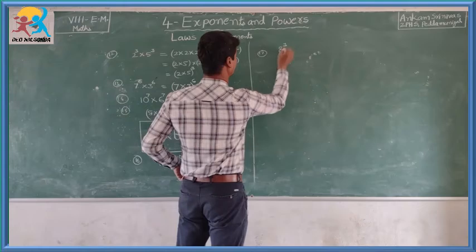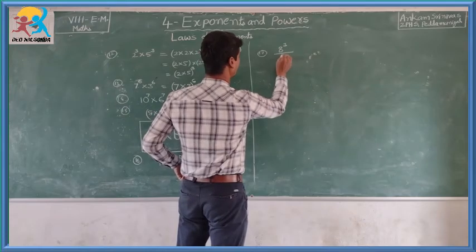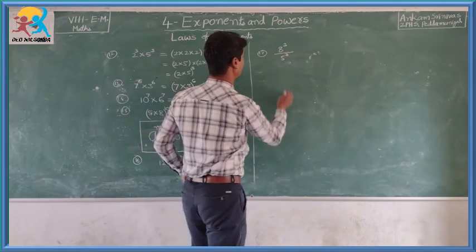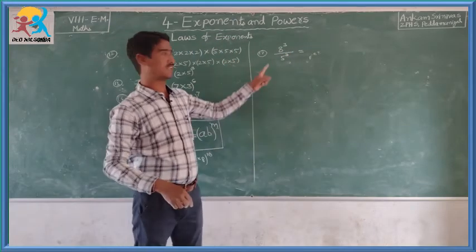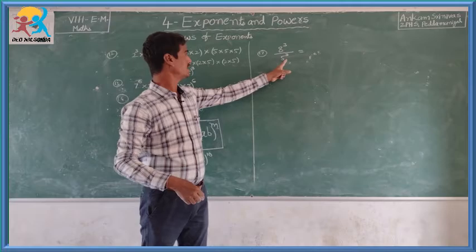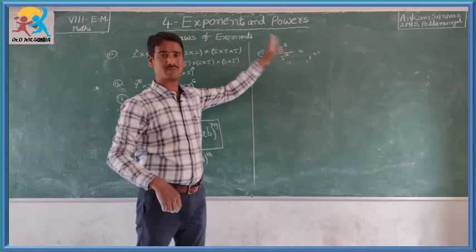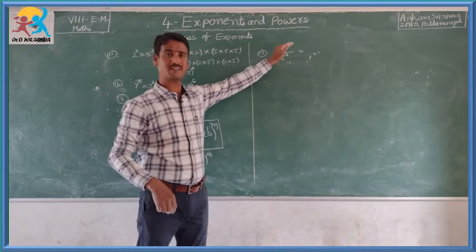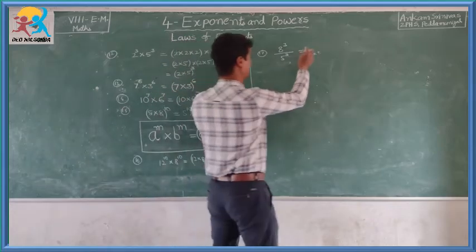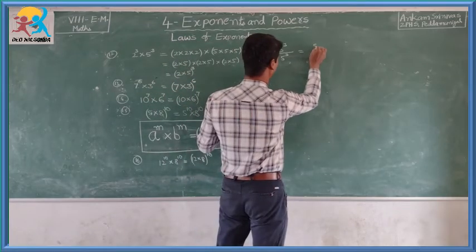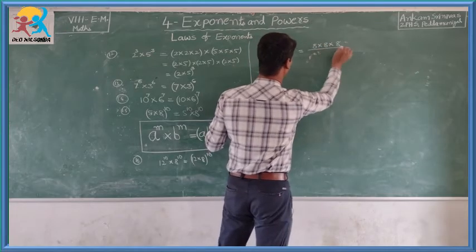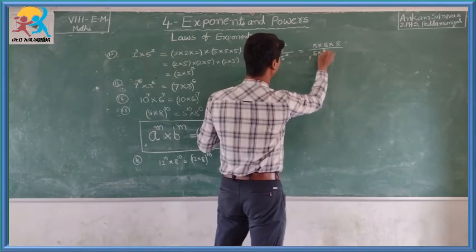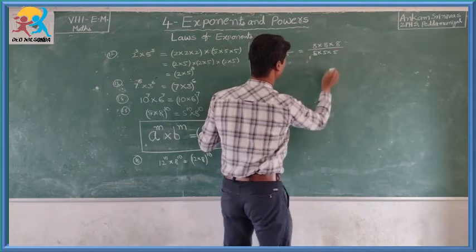8 by 5 power 3, that is 8 cube by 5 cube. Here two powers with the same exponent. We are going to divide it. What happens? Observe the problem. 8 into 8 into 8 by 5 into 5 into 5.